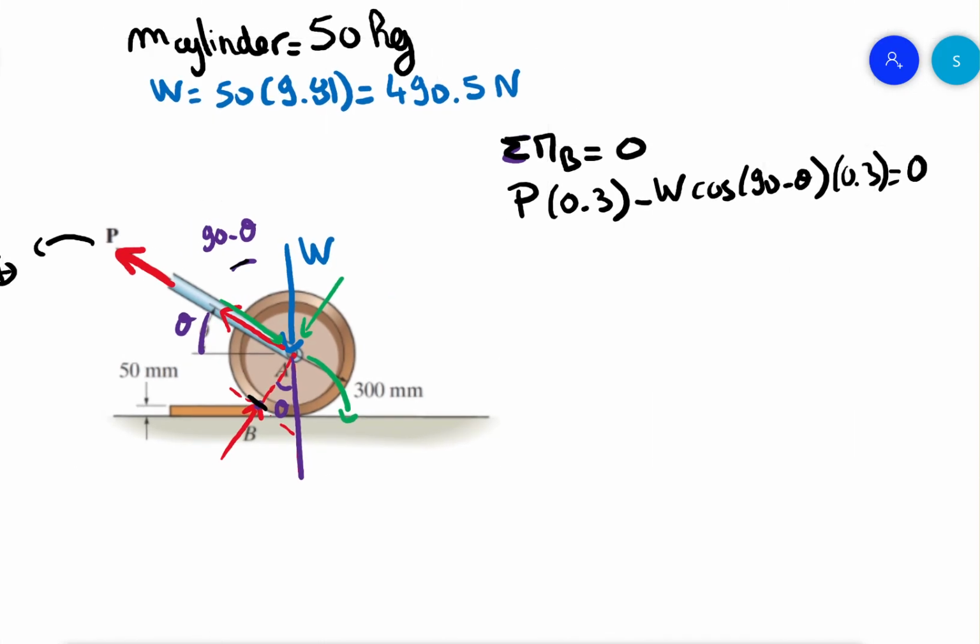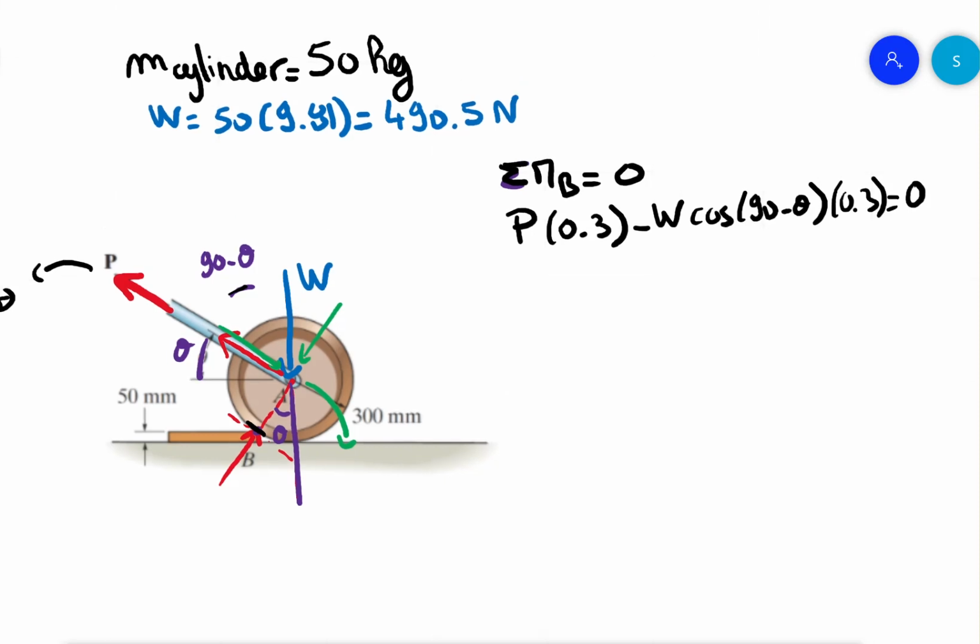Okay, and if you do your little simplification, cosine of 90 minus theta is equal to sine theta. So we have P times 0.3 minus W sine theta equal to 0.